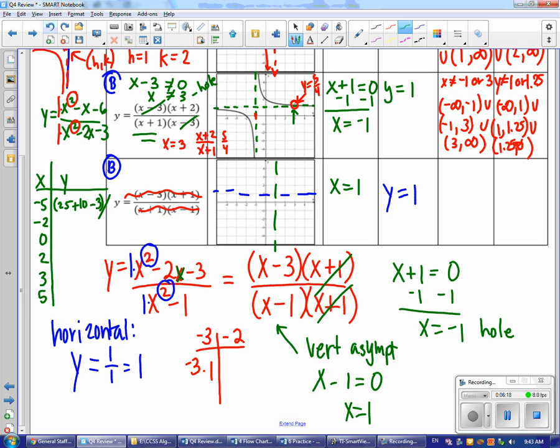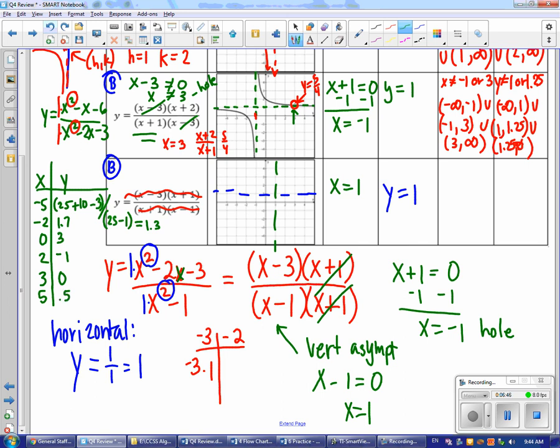All of that is going to go over -5 squared, again, is 25 minus 1. So when I simplify that, I actually get about a 1.3. When I plug in -2, I'm going to get a 1.7. If I plug in 0, I get 3. 2 is -1. If I plug in 3, that's actually going to be my intercept. And if I plug in 5, I get 1/2, or 0.5.